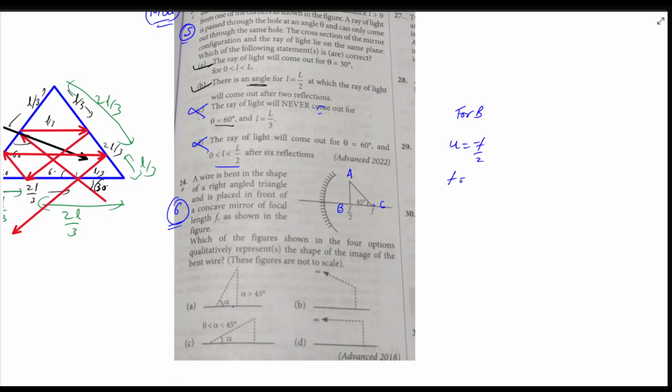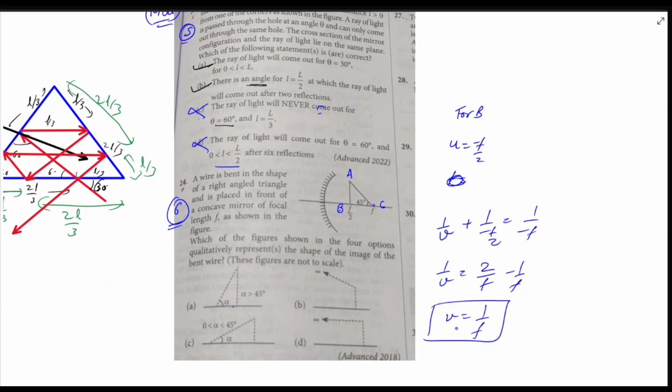Okay, and if this is f, we have to put it as minus f. So let's find the image. We have 1 by v plus 1 by minus f by 2 is equal to 1 by minus f. So 1 by v will be 2 by f minus 1 by f. So v will be f. Okay, so this is the image of B.